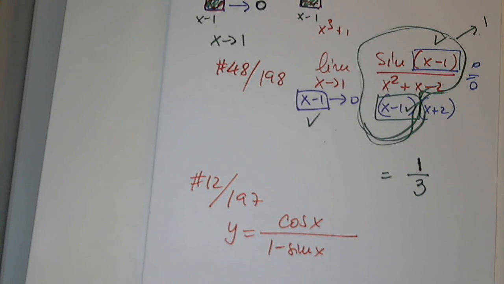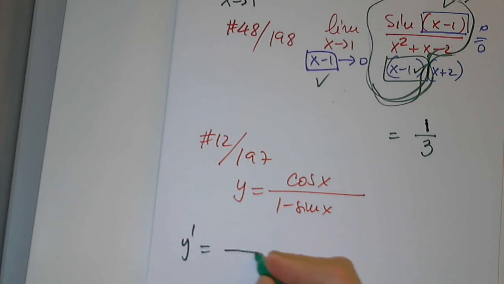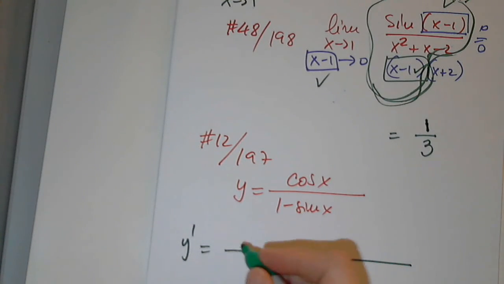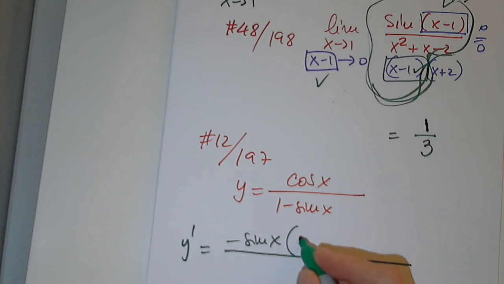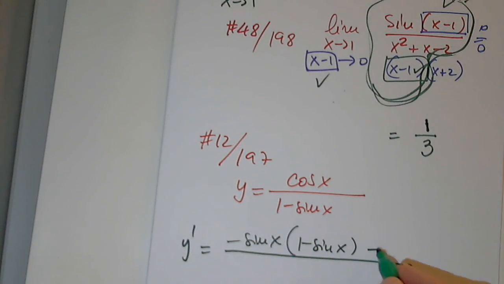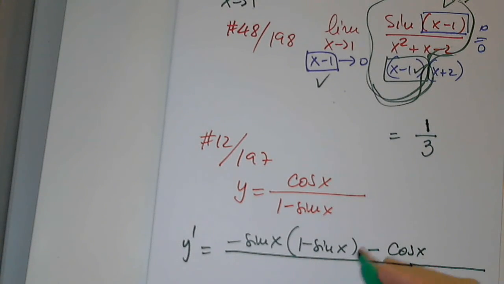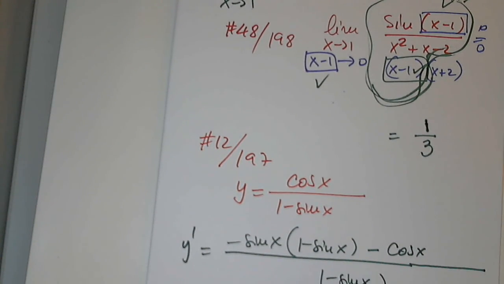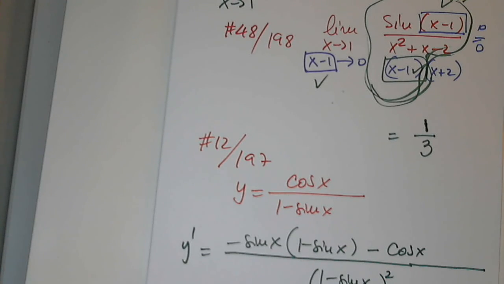So then y prime, the top prime, negative sine x in parentheses 1 minus sine x minus cosine x, and then times. So negative is from the formula. I copied the first function, and now I have to differentiate this, which is indeed negative cosine with this. Yes, I'm going to change it into positive.